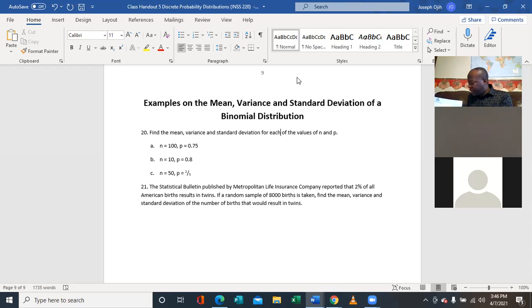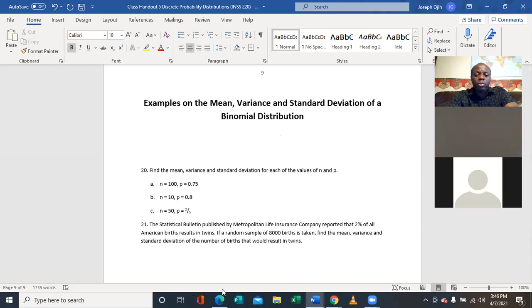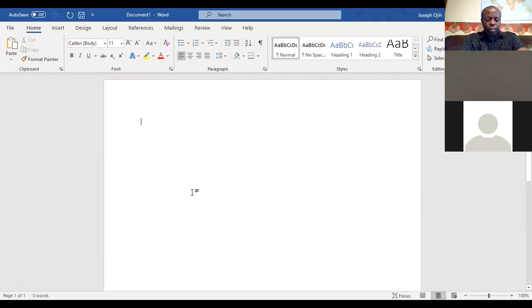Like I say, I always like to use the application question. So now the mean, of course, is the average. I'll take you to the other workbook, write the formulas down, and start solving some questions.